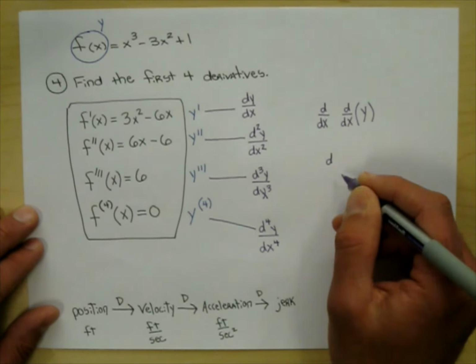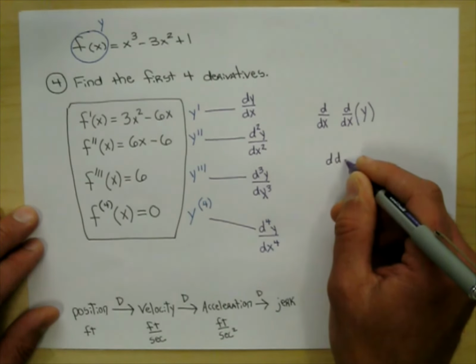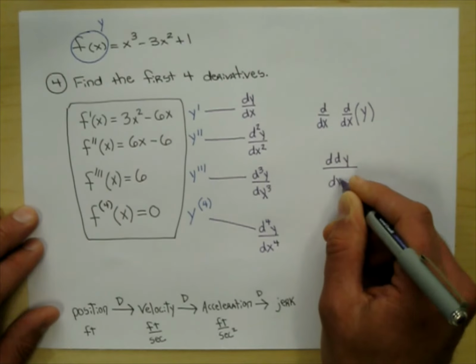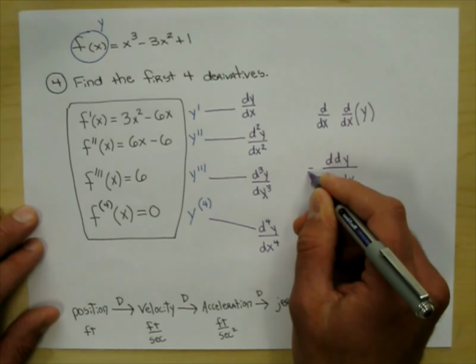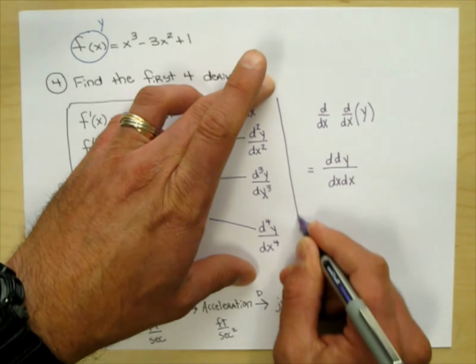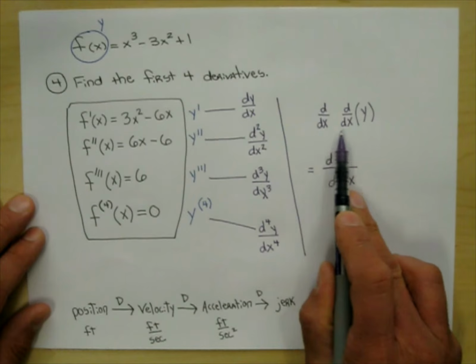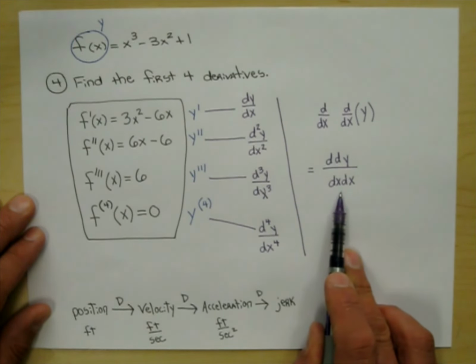So people start going like this. Well, this is really going to be d, d, y on the top, and dx, dx on the bottom. Okay, so that's what that becomes. It's just like I put two guns there, and then I'm just like, hey, let's put everything on the top and put those guys on the bottom.